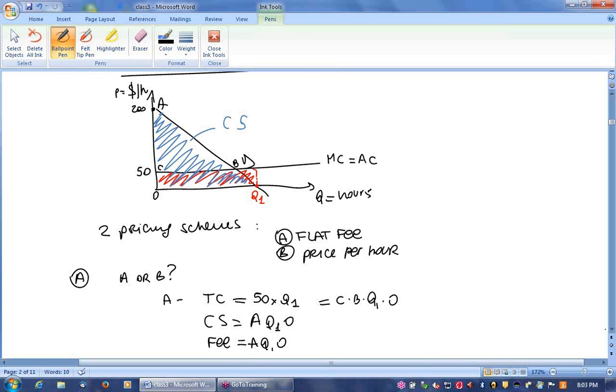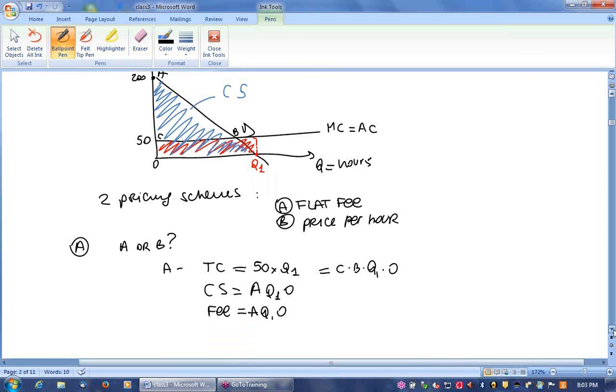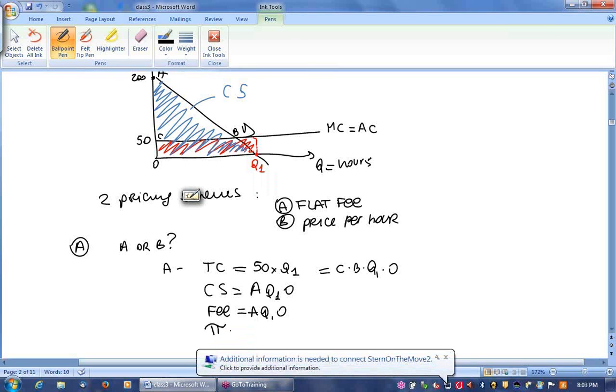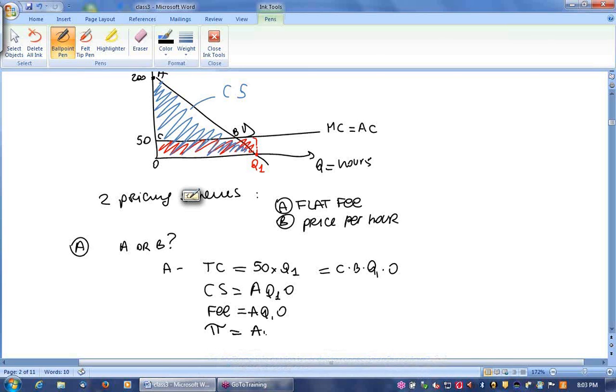So what are the profits for the monopolist? The profits would be equal to the fee, that is the total revenue that is gaining, that is A Q1 0, minus the cost it is paying, that is C B Q1 0, that is the red area, right?